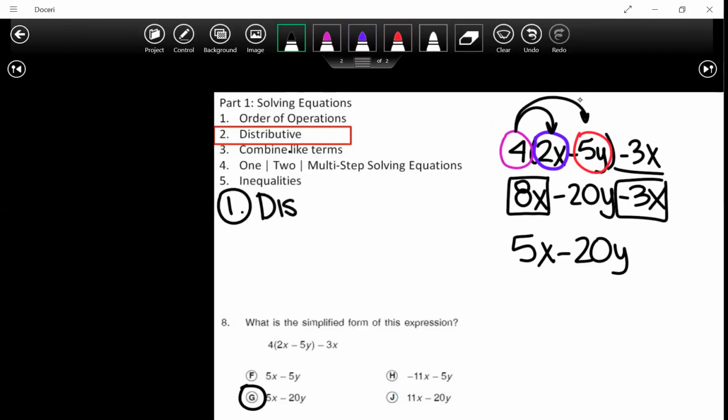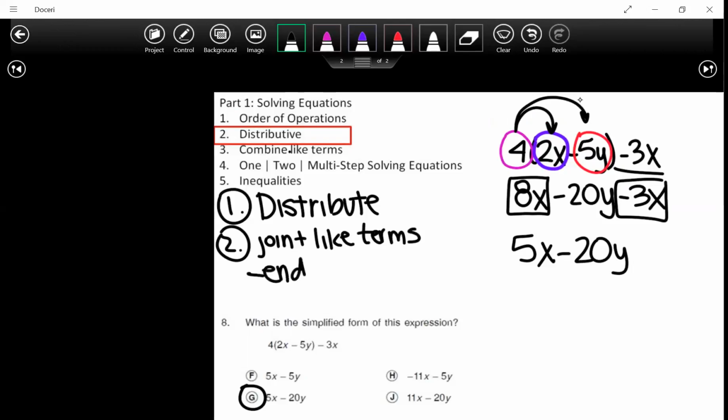Distribute is our first key. And then number 2 would be to join like terms. And I would say it ends the same way.